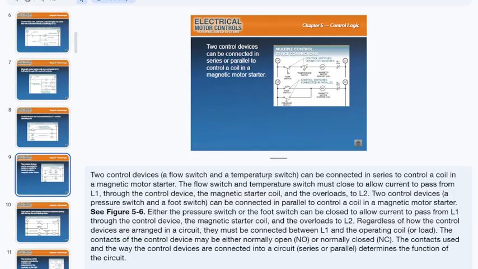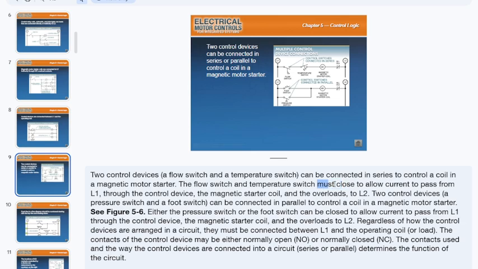So 2 control devices, again in this case flow switch and temperature switch, can be connected in series to control a coil in a magnetic motor starter. The flow switch and temperature switch, and here's the important part, must close together. They are not writing that here, and it is unfortunate because it is critical.